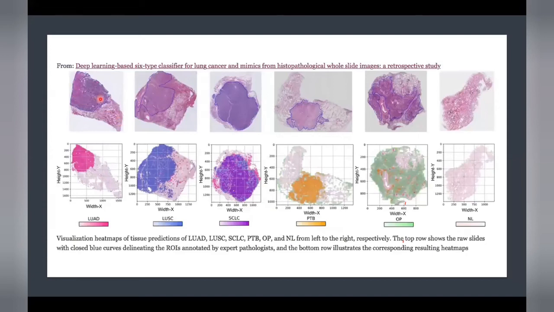As you can see, this machine algorithm detected an adenocarcinoma in the lung sample. This is a squamous cell carcinoma. This is a small cell carcinoma, clearly done very well by the machine. It can tell you it is a tuberculosis, pulmonary tuberculosis. It can tell you it is an organizing pneumonia, and it can tell you this is a normal lung. Nothing is left here. So the machine has adapted everything and started identifying the regions of interest.